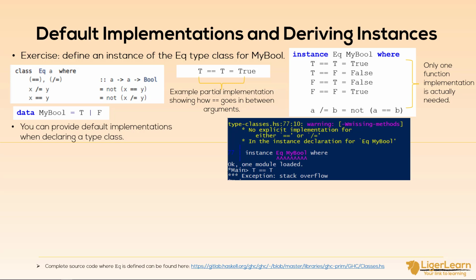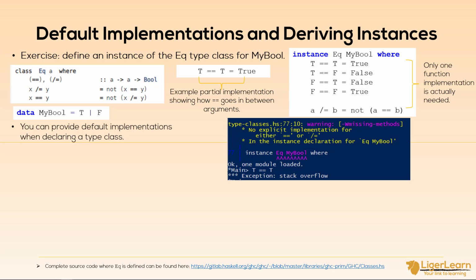And then, if we try to use the default implementation, equals calls not equals, and not equals calls equals, in a loop until the program blows up and throws an exception. So we have to make sure to override at least one of the function definitions to avoid this. Default implementations are useful, and when you can define them, they can save you time, which otherwise would be spent repeating function definitions throughout multiple instance declarations.